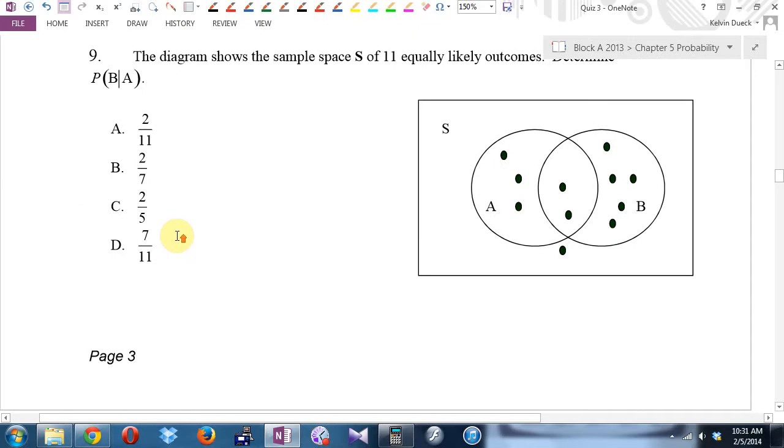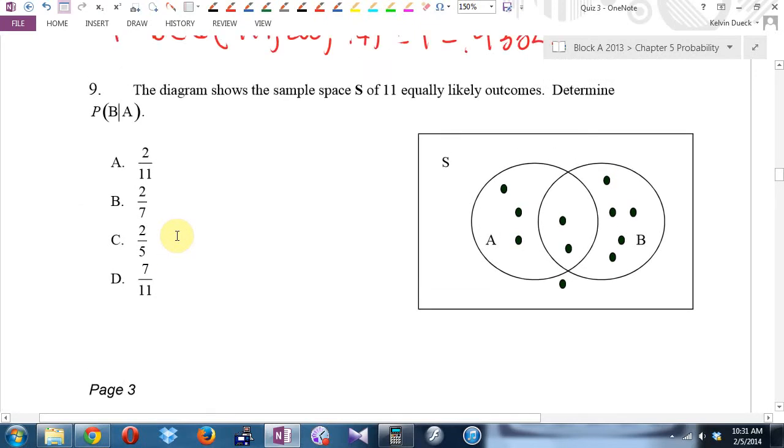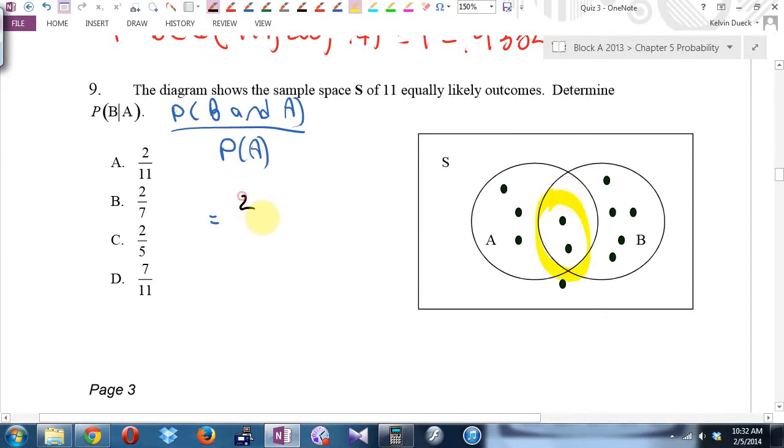Number 9. Probability of B given A. That's going to be the probability of B and A divided by the probability of A. What's the probability of B and A? That one. 2 out of 11. What's the probability of A?